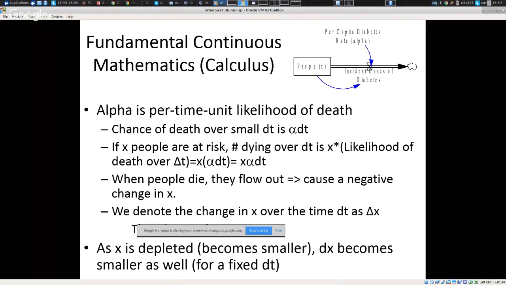Later it drops slower because there are few people in the stock, so there are fewer people at risk of leaving. And if you're dealing at the individual level, you're unlikely to still be in that stock. Does that make sense? But these things are hard to think about sometimes.